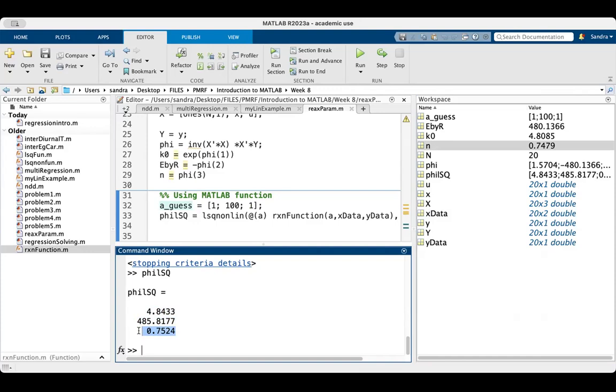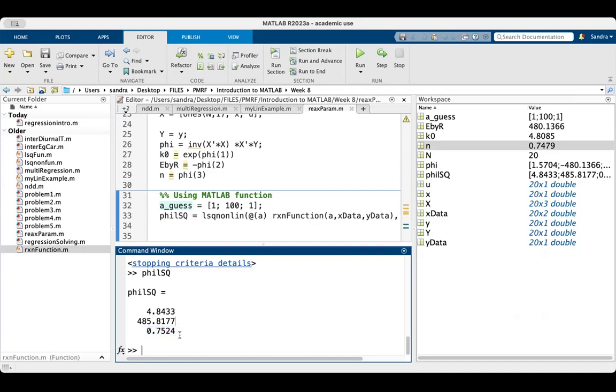This is possible because you're solving using lsqnonlin, and when you solve using this method, there is a slight possibility the values might change because this function is not linear. For linear functions you get almost exactly the same fit with lsqcurvefit and linear regression. But for non-linear regression, these slight discrepancies are possible.